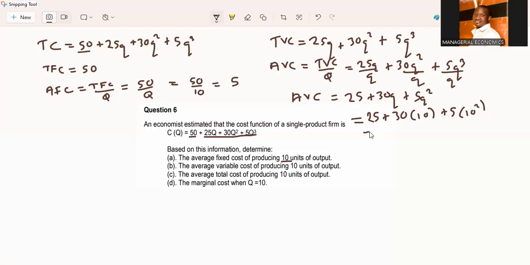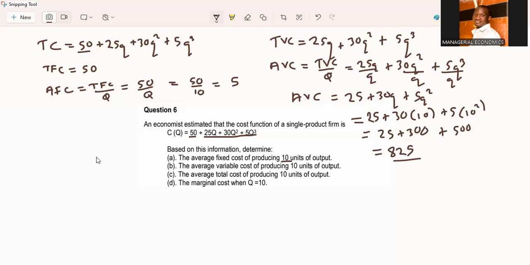So this will be 25 plus what? 300 plus what? 25 plus 500. Which will be what? 825. Are we together? So average variable cost is that one here.